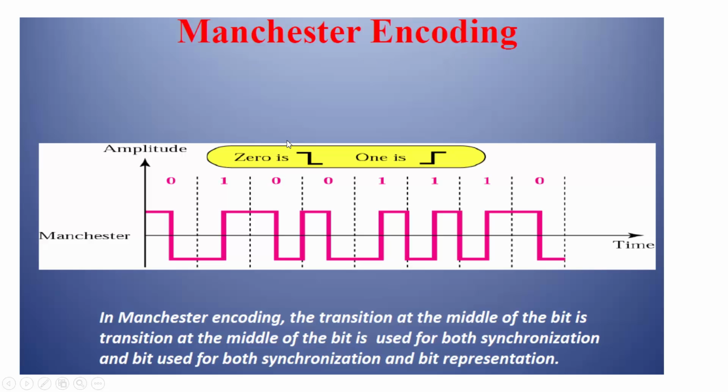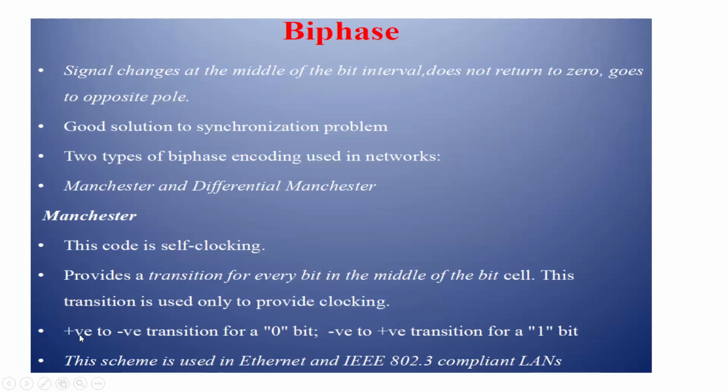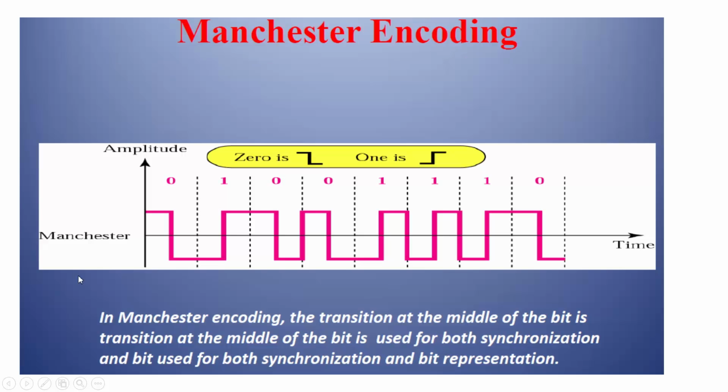So let's look at an example of Manchester encoding, in which a 0 is represented by a transition from positive to negative. So there is a transition in the middle from positive to negative, which represents a 0. And 1 is represented with a transition from negative to positive. So if 1 is there, it will be negative to positive. If 0 is there, it will be positive to negative, and so on.